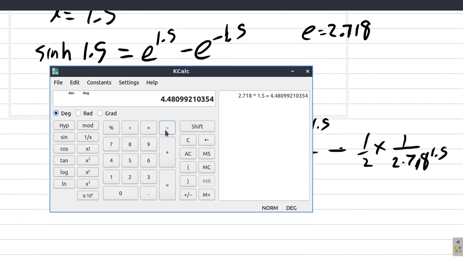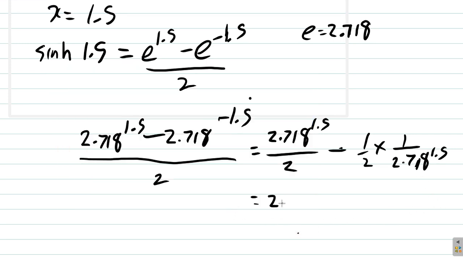Divide that by 2. That over 2, equals. You have 2.24. All right, 2.240, so you have 2.240 minus.